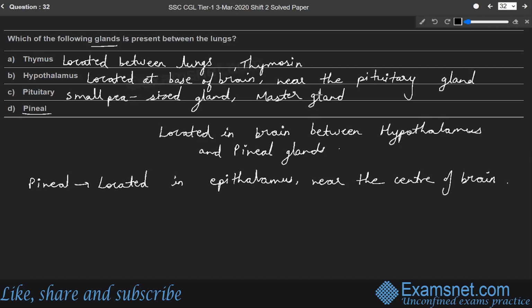And the shape of this gland resembles a pine cone. That is why the name is pineal gland, and this name is derived from pine cone. So, for this question, the correct option is thymus as it is located between the lungs. So, the correct option is option A here.